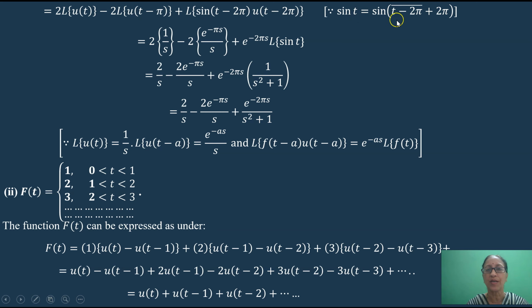Here t minus 2 pi, if you consider t minus 2 pi as theta, then you get sin 2 pi plus theta. Sin 2 pi plus theta means it is in first quadrant. In first quadrant, sin 360 plus theta, sin is positive, right?